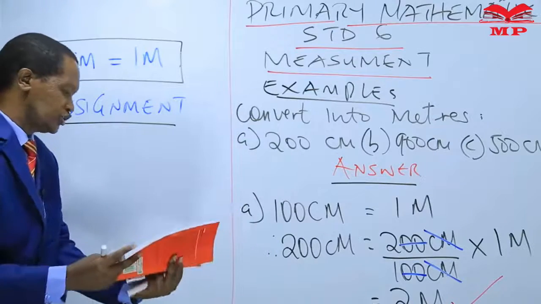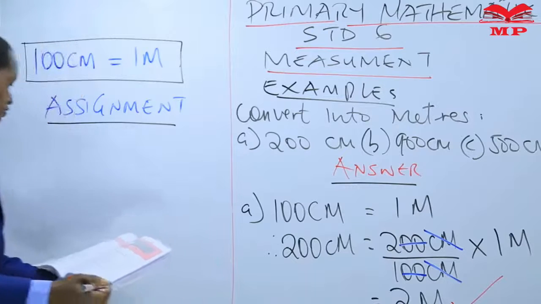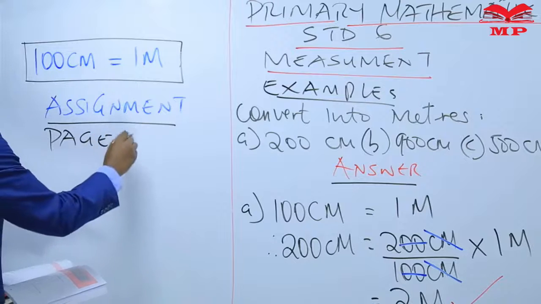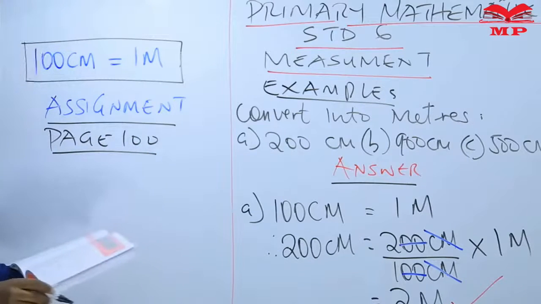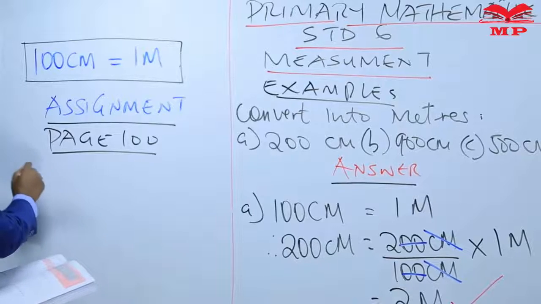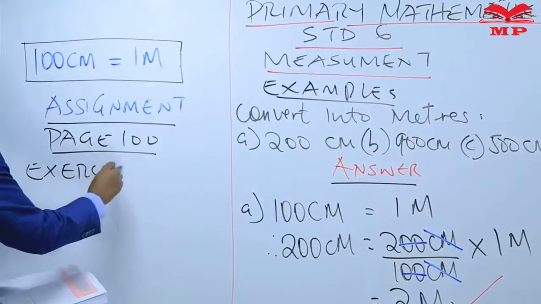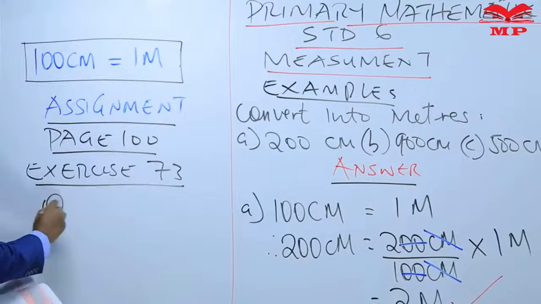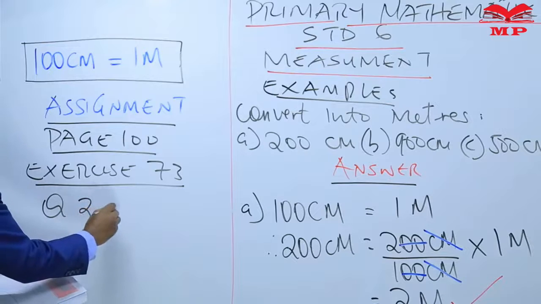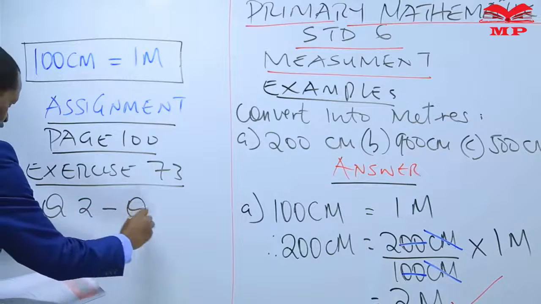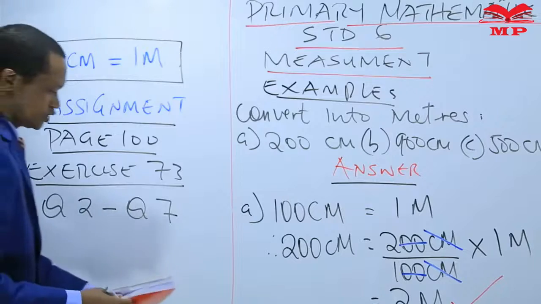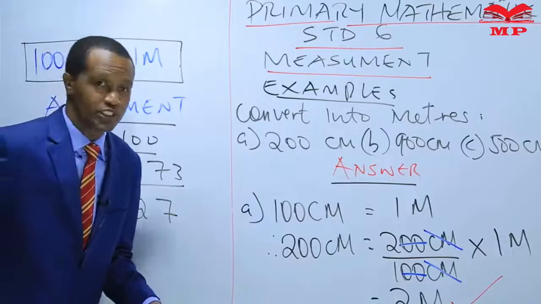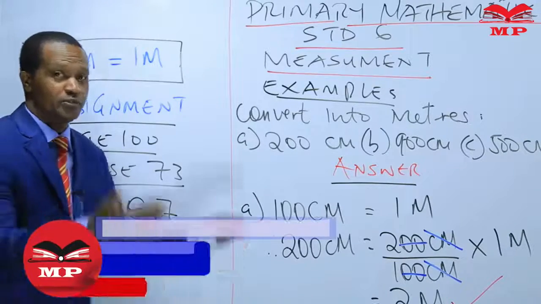Go to page 100, pupil's book, and do exercise 73, question 2 up to question 7. Make sure you do the assignment. A good student is the one who takes instructions. Make sure you do the assignment before coming to the next class.